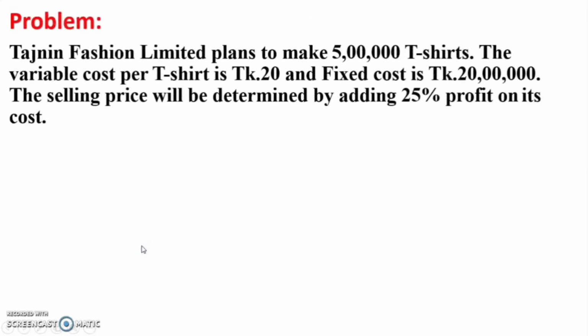Dear students, look at the problem. Tasneem Fashions Limited plans to make 5 lakh t-shirts this year. The variable cost per t-shirt is taka 20 and the fixed cost is taka 20 lakhs. The selling price will be determined by adding 25% profit on each cost.